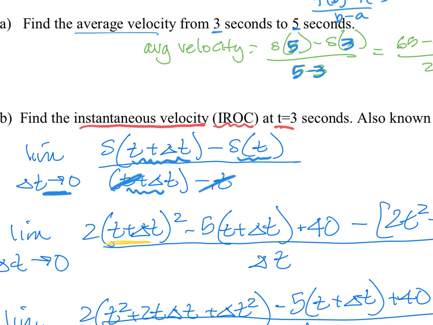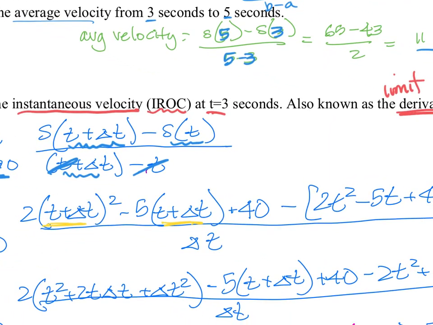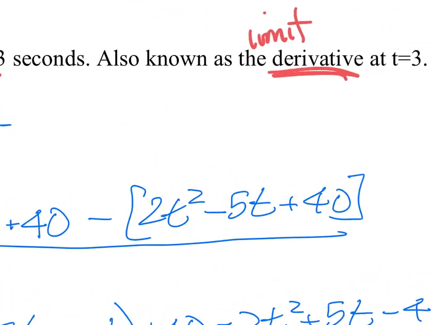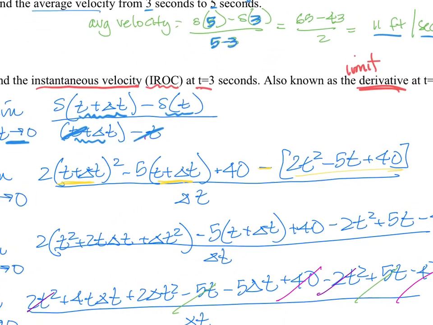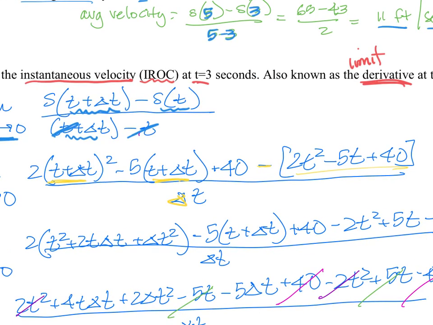So we substituted the t plus delta t every time there was the variable t in the original function. So what does the rest of the definition tell us to do? It then tells us to subtract the original function. And all of that ends up being over the delta t.